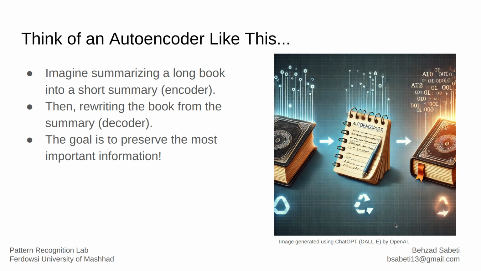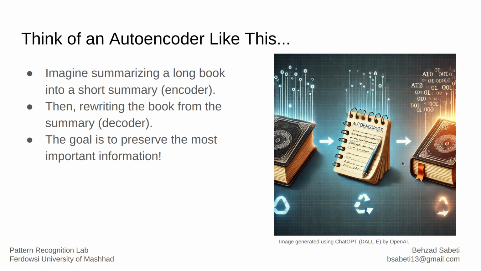To give you an analogy, we can think of autoencoders like this. Imagine you buy a book and you summarize this big book, a book with a lot of pages, into a short summary which you write yourself, and after that you rewrite the original book just by reading your summary.